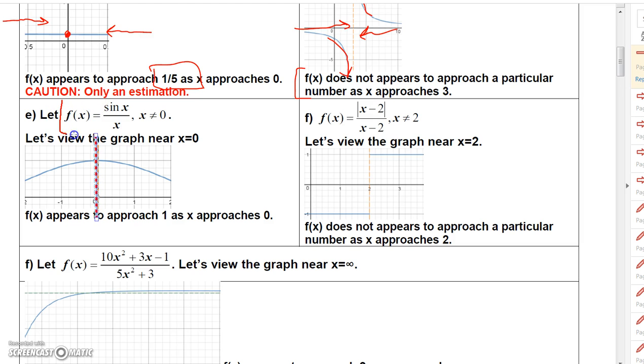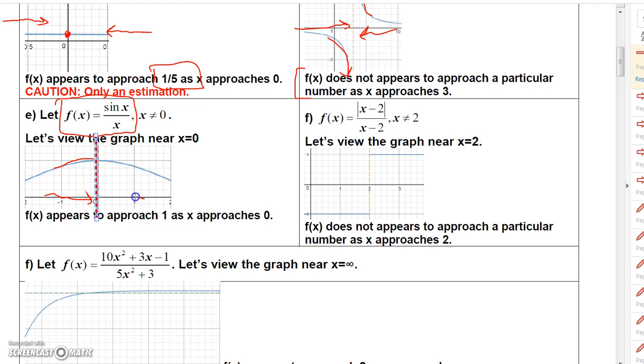This function is y equals sine x over x, and we're going to view this function as x approaches 0, or near 0. Notice that this vertical line represents x equals 0, the y-axis. If you approach 0 from the left, the graph tends to get closer and closer to this y value up here.